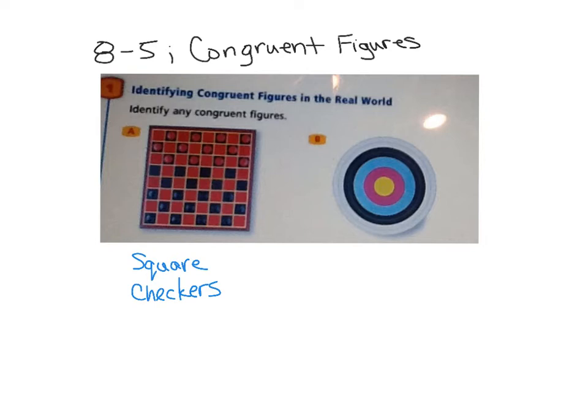So we would just say no congruent figures. Okay, they are similar though because they're all circles, and similar means same shape, not same size, but we're talking about same shape and size.